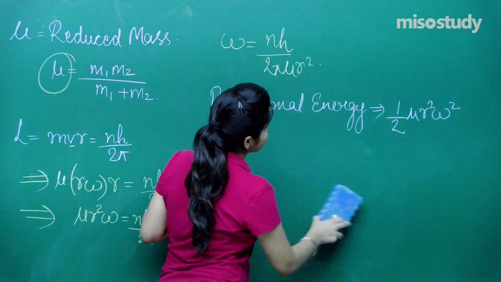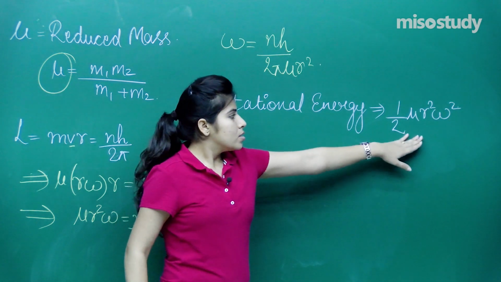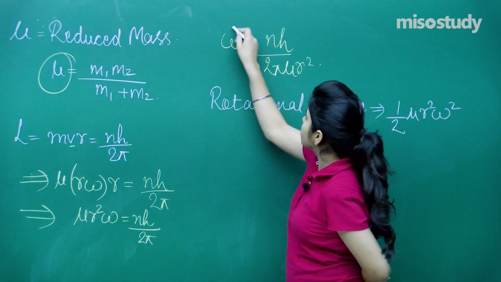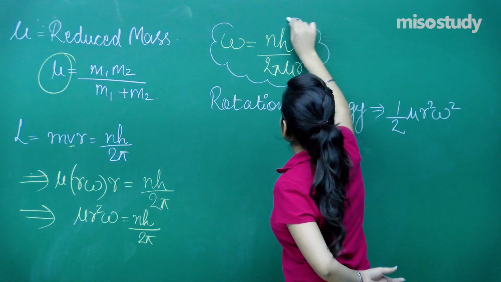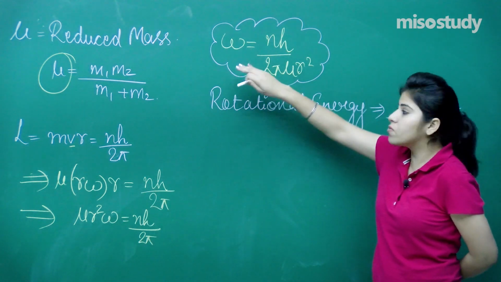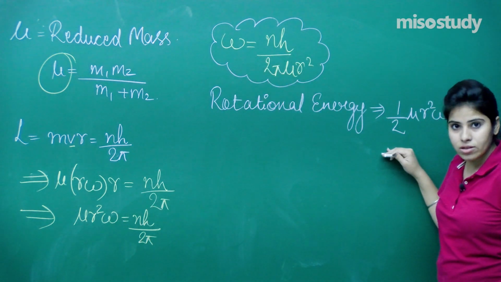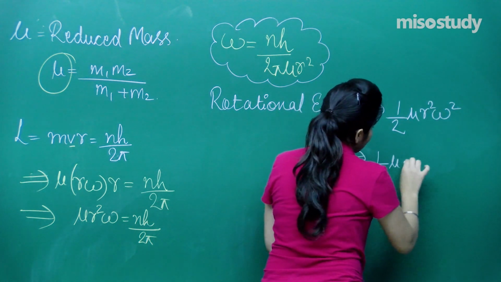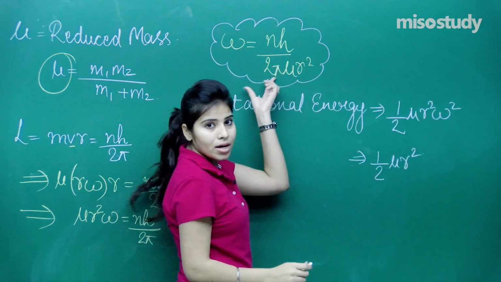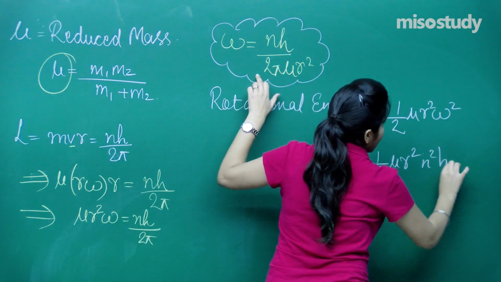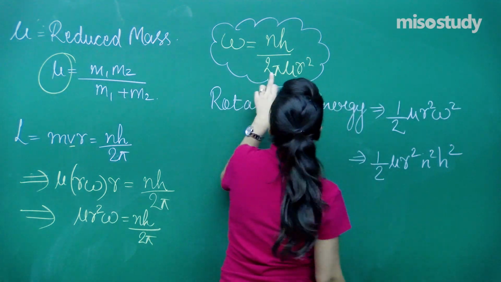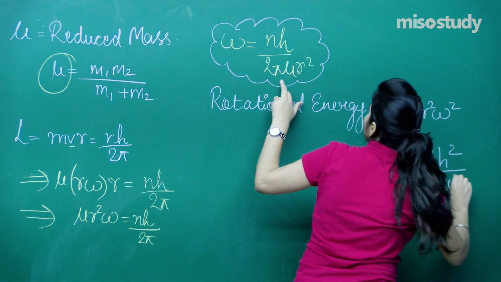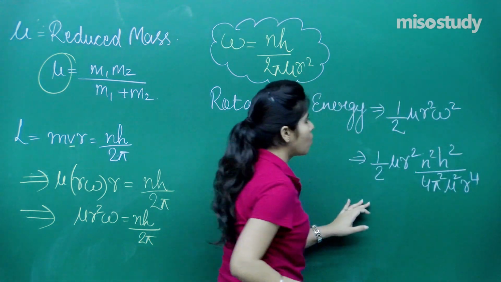Now let me just remove this because it is not required now. Because we have found out the value of omega from here, what we can do is put this value of omega into this equation. So I am going to put this value over here, that will be half mu r square into omega square. That will be n square h square by 4 pi square mu square r raised to the power 4.